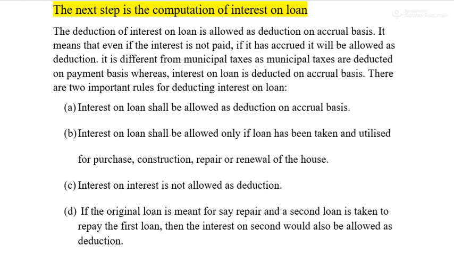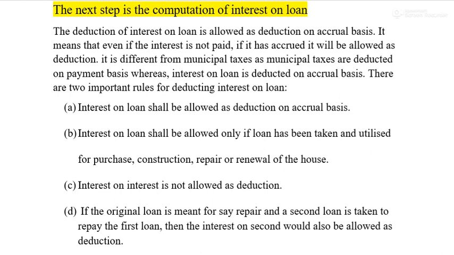What happened after 6 months? A found that he can get another loan of 50 lakhs from another bank at a lower rate of interest, suppose 10%. Now he went to, suppose, HDFC Bank, and the bank told him that I can provide you 50 lakh loan at a rate of interest of 10%.